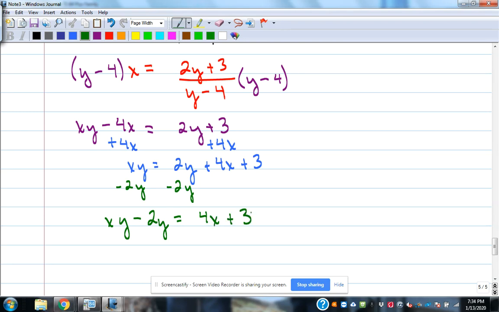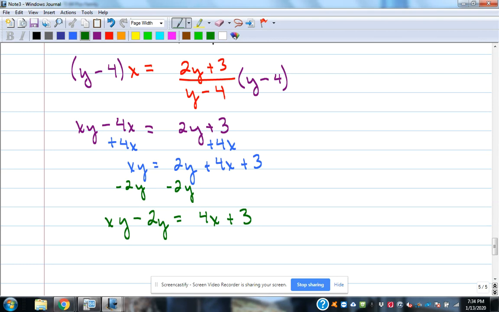Now everybody that's got a y is over here, and everybody that doesn't have a y is over here. We've got to think about one of the skills that we worked on in Math 100. What do we see happening over here? Or what do they have that's the same? They both have a y.